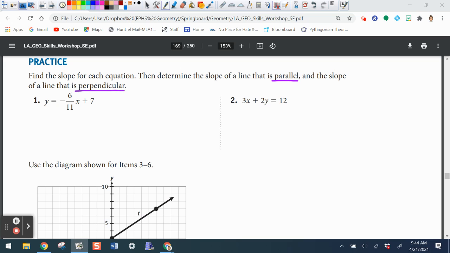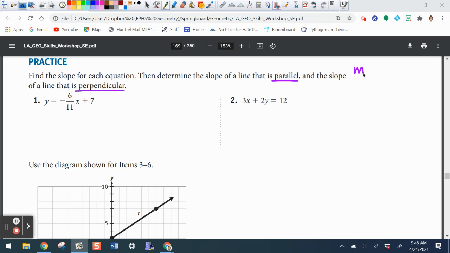So when two lines are parallel on the coordinate plane, they will have the same slope, or equal slopes. And when two lines are perpendicular on the coordinate plane, they are going to have what's known as negative reciprocal or opposite reciprocal slopes.